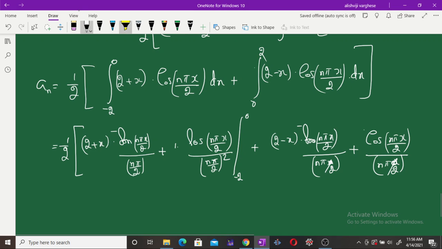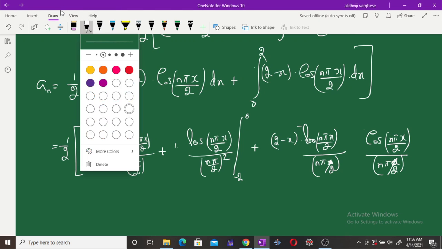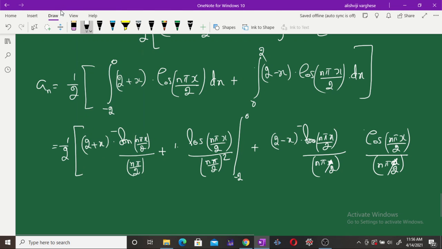So ultimately the sign becomes negative. And there also we have the upper limit and lower limit as 0 and 2. And we close the square bracket.